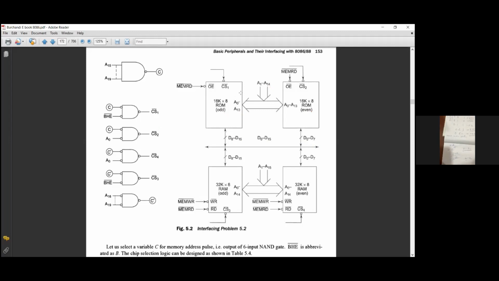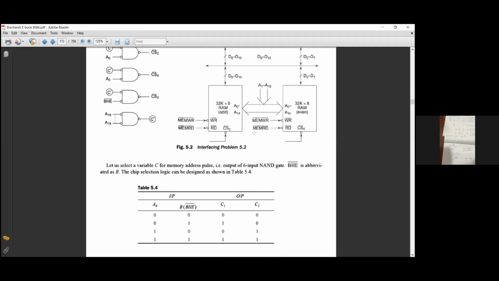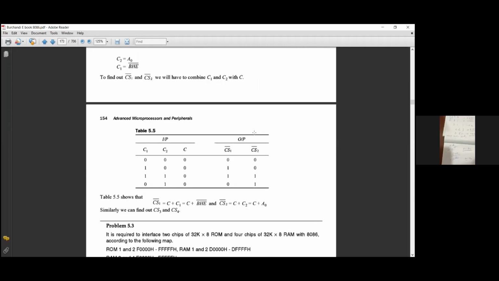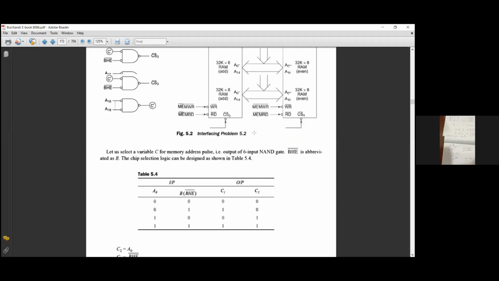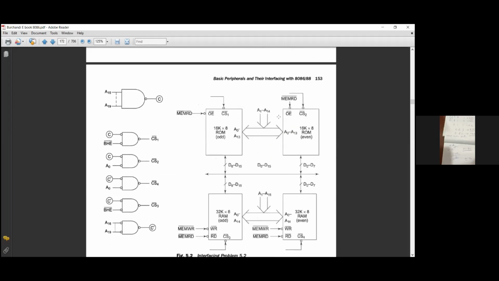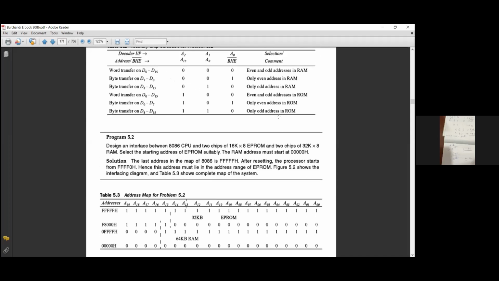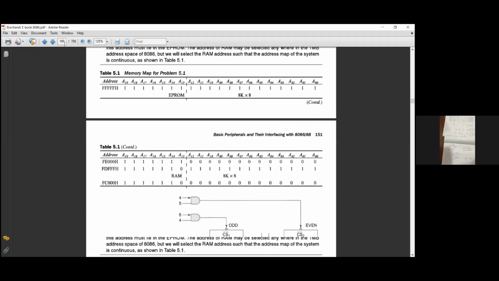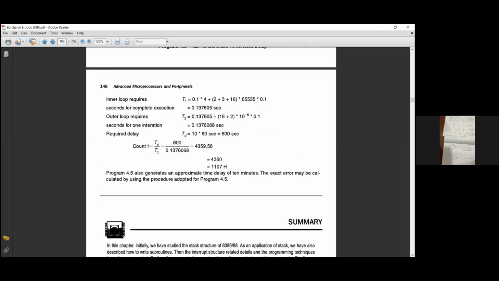Next, go to the interfacing, the interrupt service routine. No, not over here. I think it will be available. Maybe just go to the front page, the index page. I think it's previous to that.